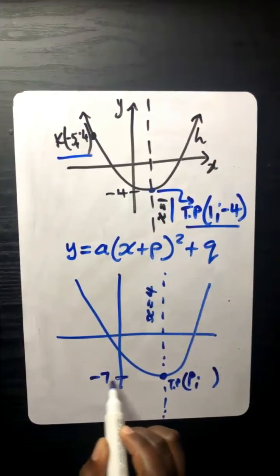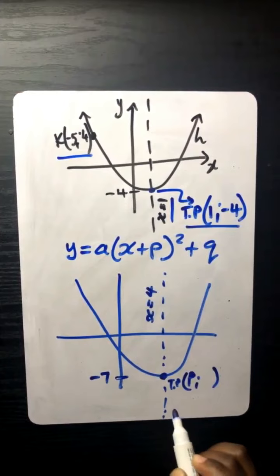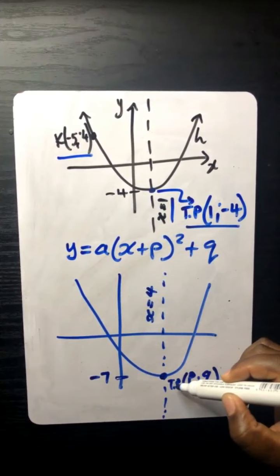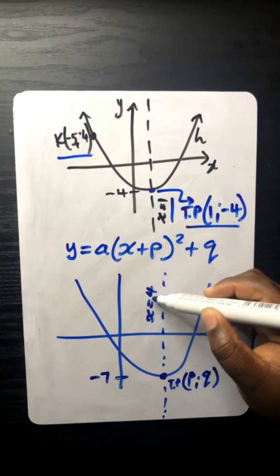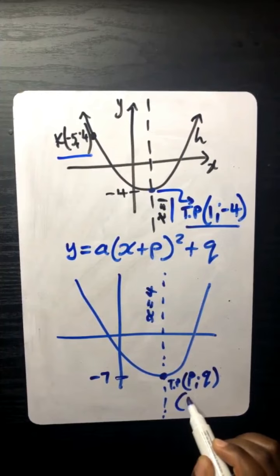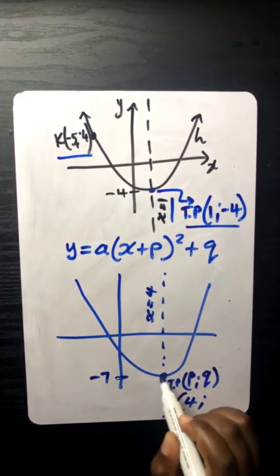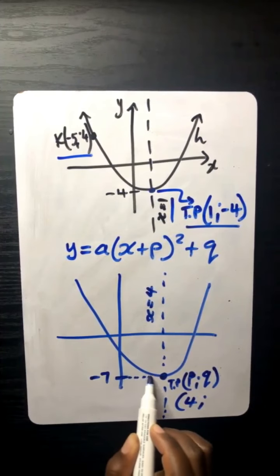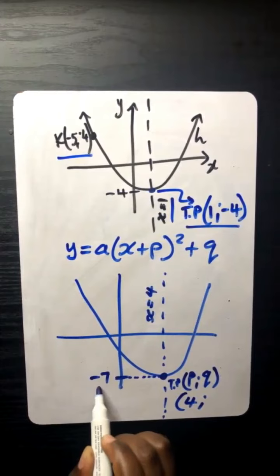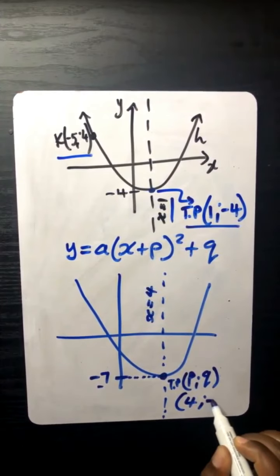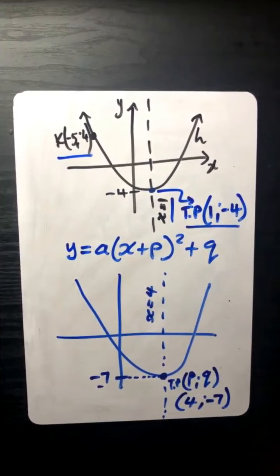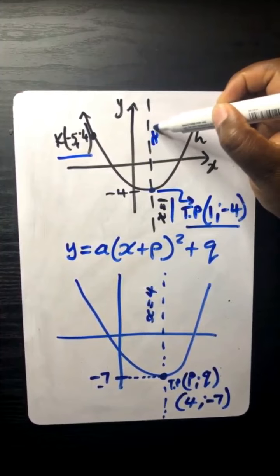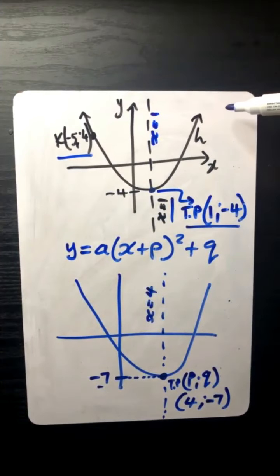The y value at the turning point is your q. So because the axis of symmetry is x equals 4, that means my x value of the turning point is 4. And that one there, which is -7, this is the y value of the turning point. So the same goes for that one, because they say the axis of symmetry is 1.